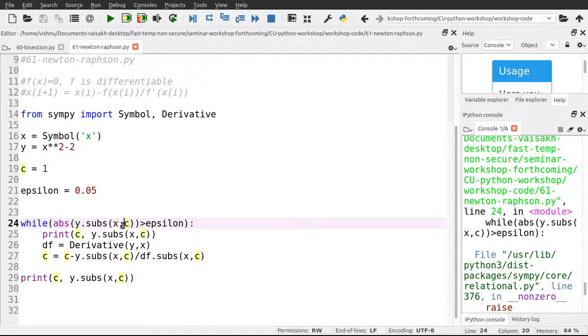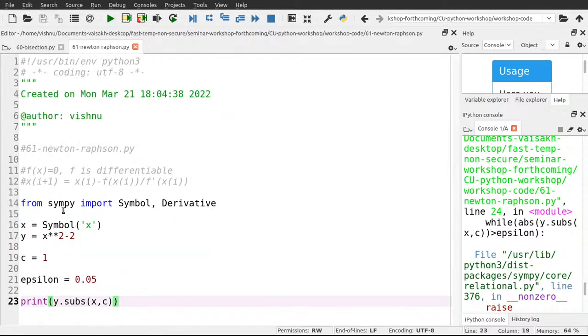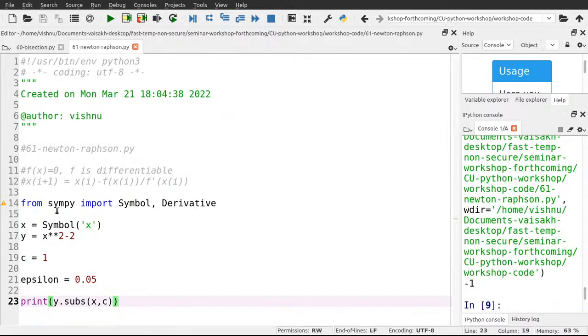What's the problem here? I don't see any problem here. While absolute value of y substitute, oh, subs is not imported? Oh, but I think subs is not necessary to be imported. Okay, let me just see once. Let us print it here. Is subs the problem? No, that's not necessary.